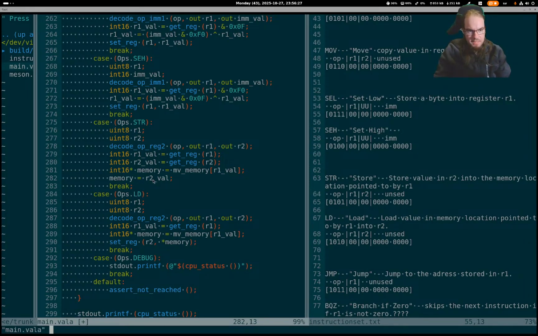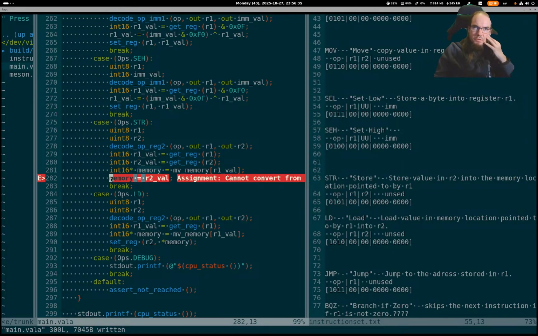For some reason I wanted it to be like that. That should not work, right? Address off. No. I believe that that's going to be discarded, right?